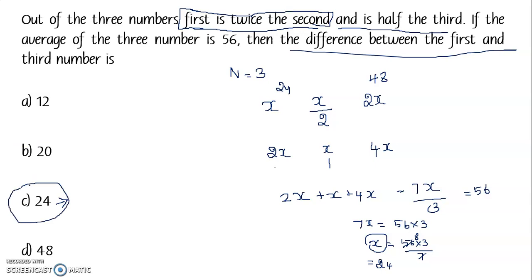But in case it happens to be a different number, for example if this is 3x or something, then 24 may not be the answer. So be a little careful in choosing the answer. The required answer is not x, it is 2x minus x. So that's the way you need to solve these problems.